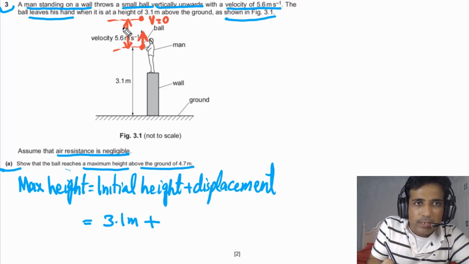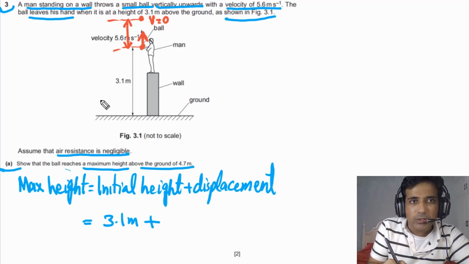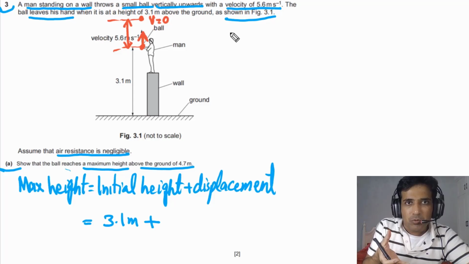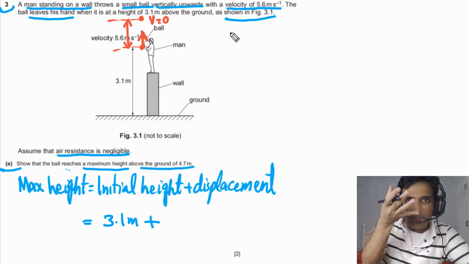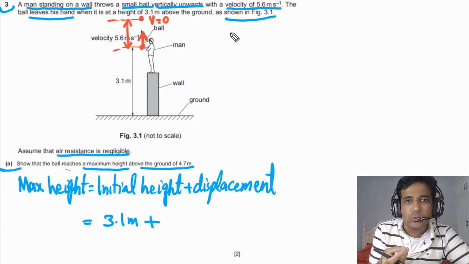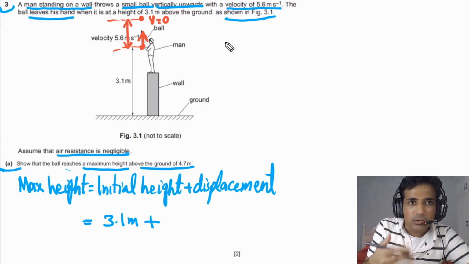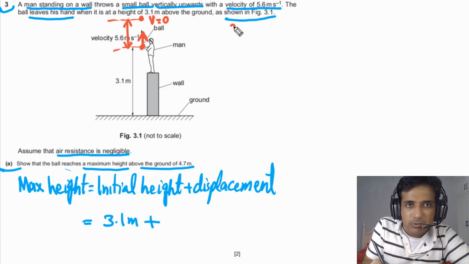In order to find vertical displacement, we need to use kinematic equations, because the ball is moving vertically upwards and the force acting on this ball is only gravity, so the acceleration of the ball is constant. Let's try to use equations and find out the displacement of this ball. Let's say the displacement of the ball is s, and we need to find the value of s.